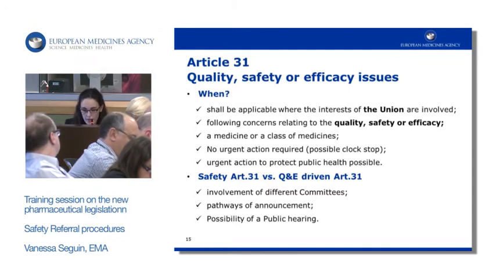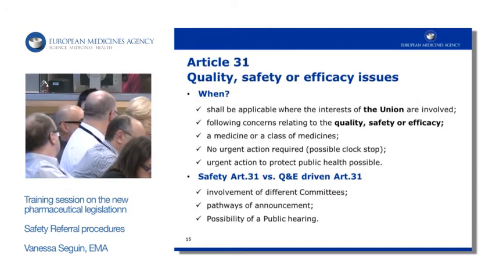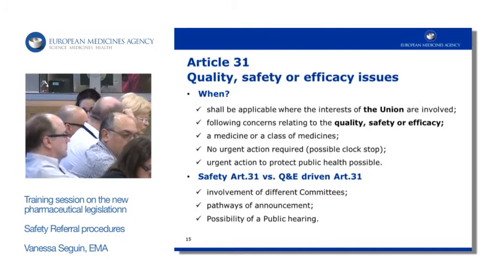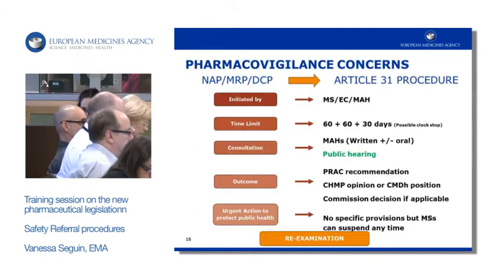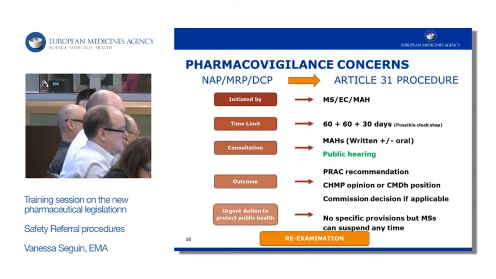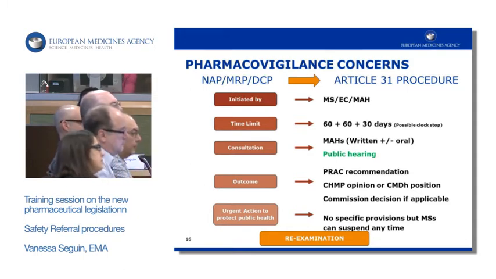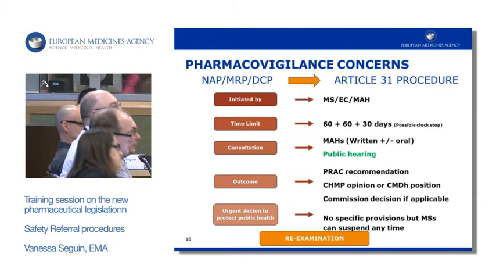Again, the possibility of public hearing can happen when you've got a safety Article 31, and as you can see here, it's very clear. So basically, the one I'm presenting to you now is the safety Article 31 referral. As you can see, it's initiated by member state or commission or MAH.